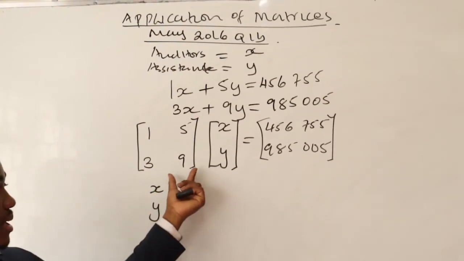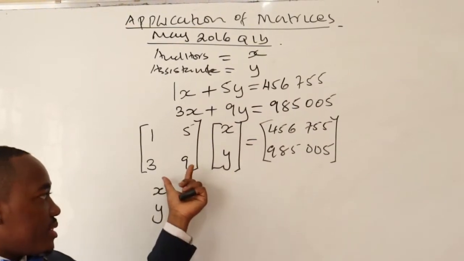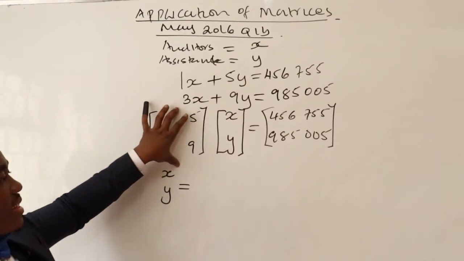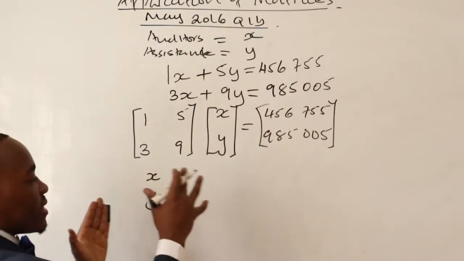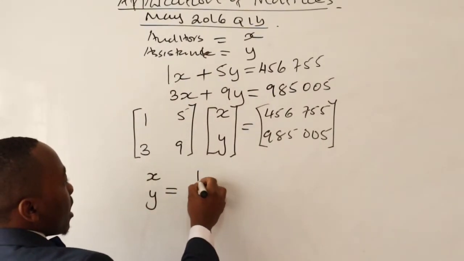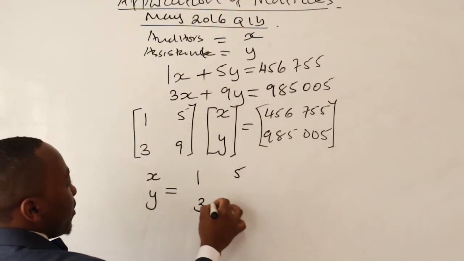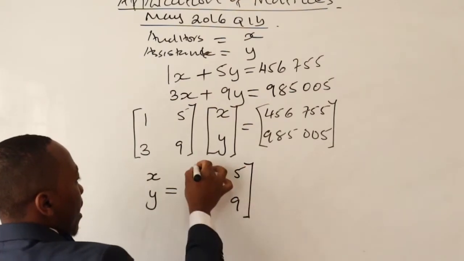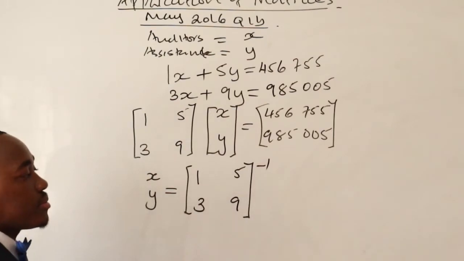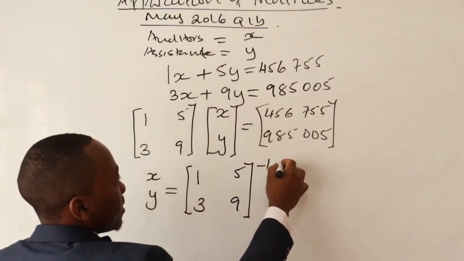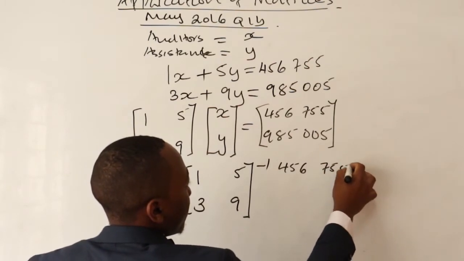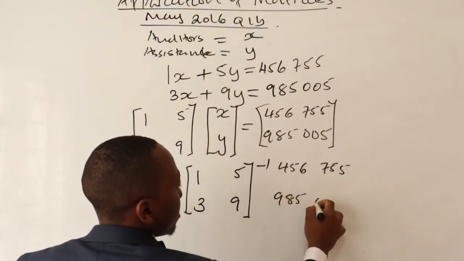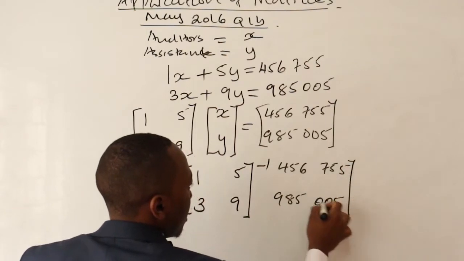Dividing by this matrix means the inverse, so if you go to the other side, you get the inverse. So it will be 1, 5, 3, 9, but you get the inverse, and then you multiply by 456,755 and 985,005, like that.